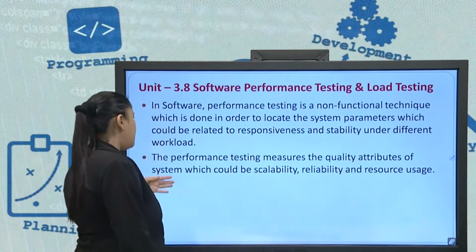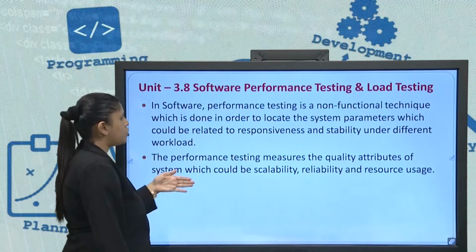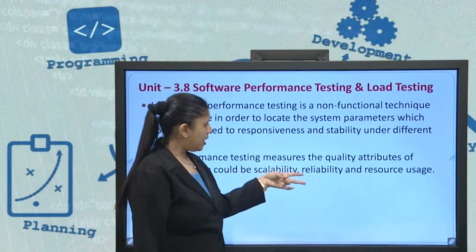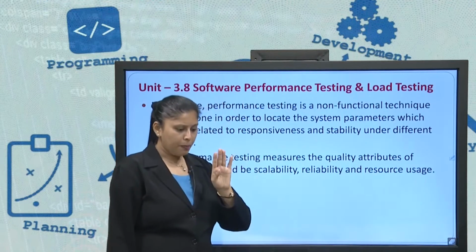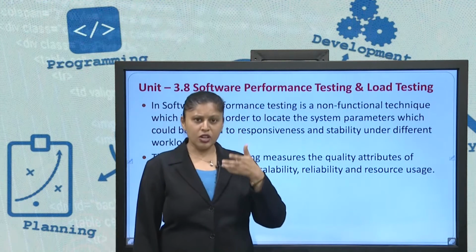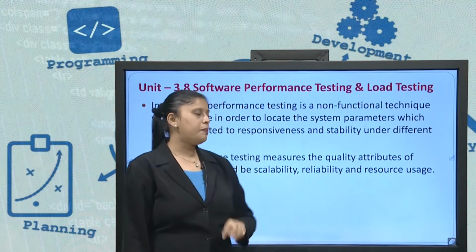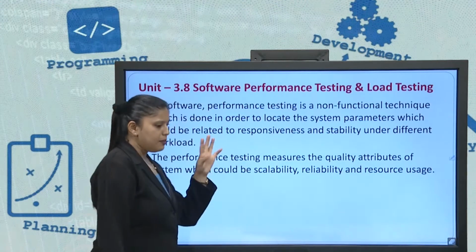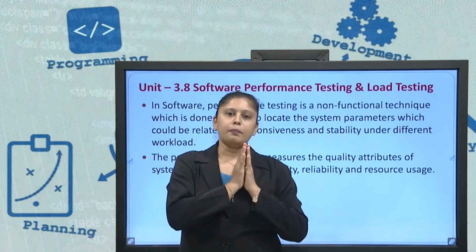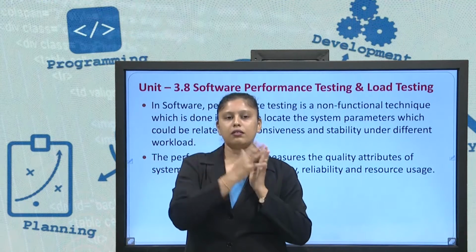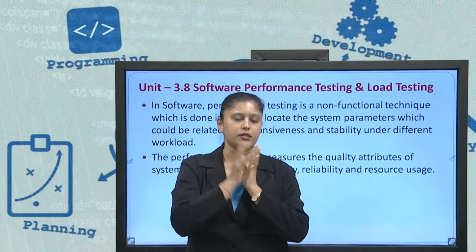Performance testing measures the quality attributes of a system, which are scalability, reliability and resource usage. When my product is undergoing performance testing, it looks at these three parameters. Scalability: let us say you have to sing in front of one person.